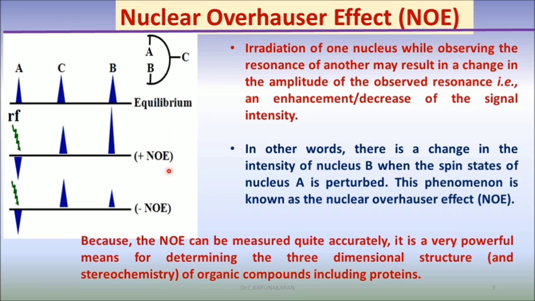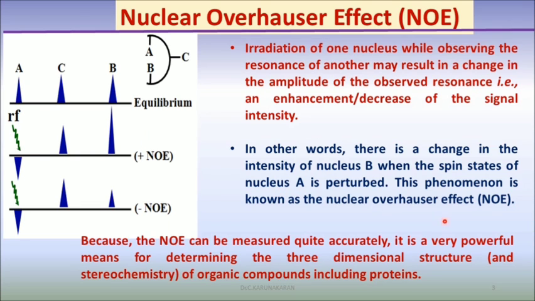If the signal increases, that is, the amplitude increases, it is called a positive nuclear Overhauser effect. If the signal of the B proton decreases, then it is called a negative nuclear Overhauser effect. In other words, there is a change in the intensity of nucleus B when the nuclear spin states are perturbed.